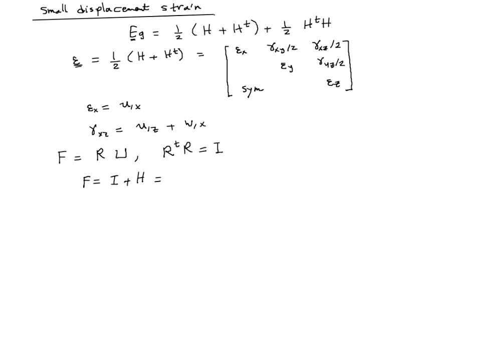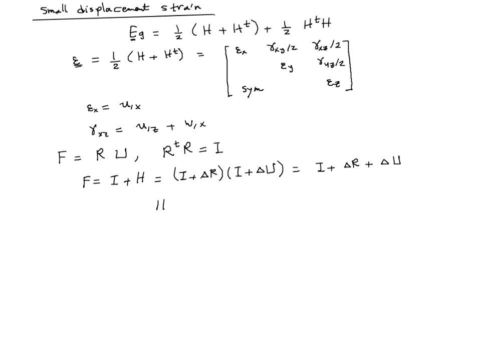So we can write this as I plus a small change, let's call it delta R, times I plus delta U, where these are small changes in R and small changes in U. If we multiply and neglect the product, because if delta R is small and delta U is small, then the product is so small that we can neglect it, then we can write this as I plus delta R plus delta U.